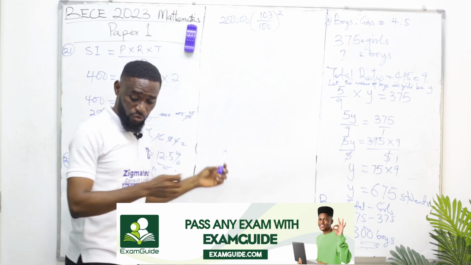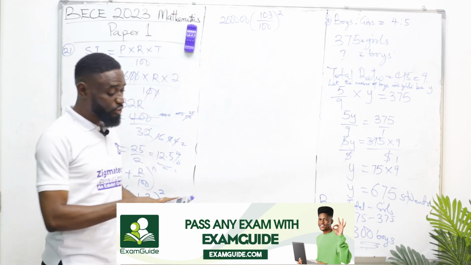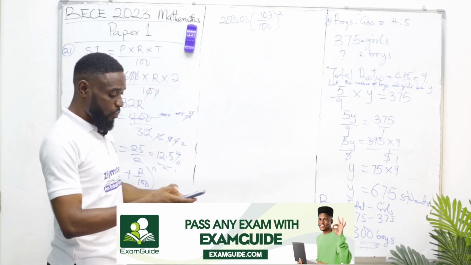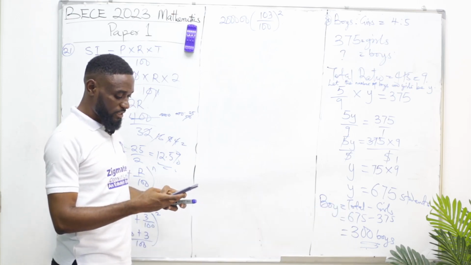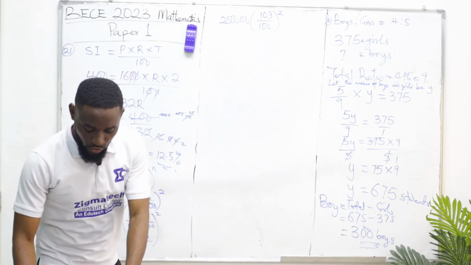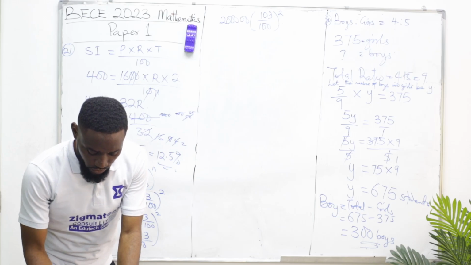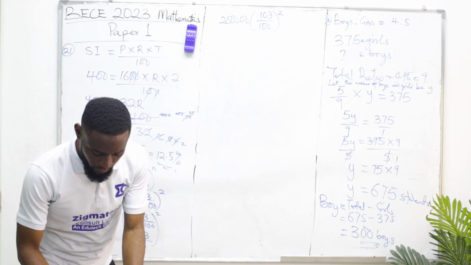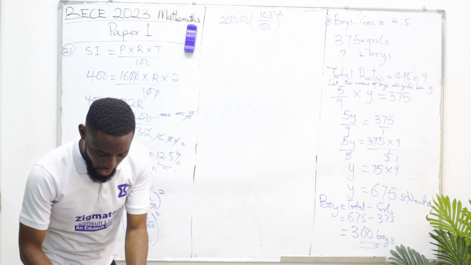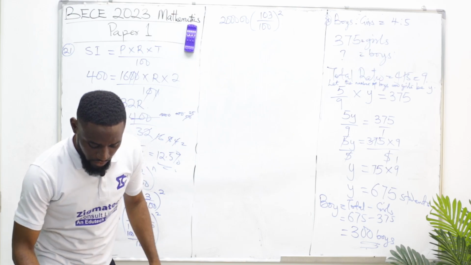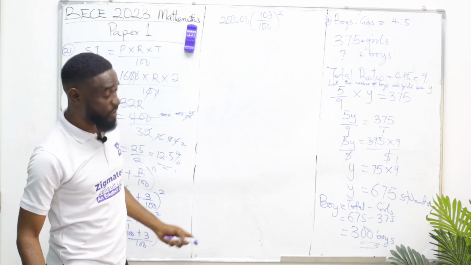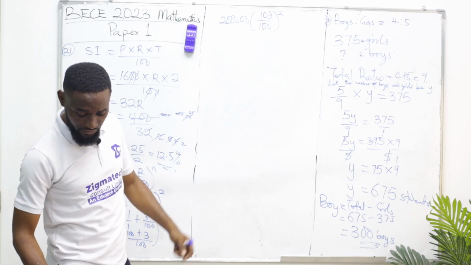Is that okay now? So simply, you can take 103 divided by 100, which will give us 1.03.